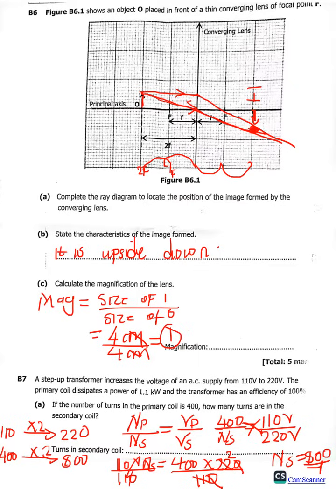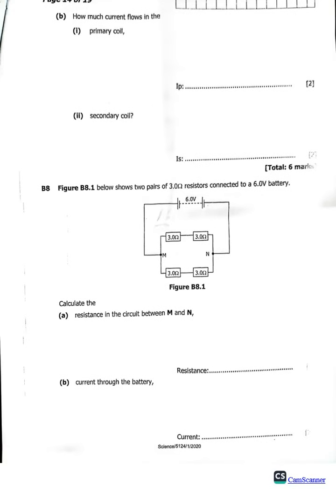Now we can move on to part B: how much current flows in the primary coil. We have been given the power in the primary coil, so power is equal to voltage times current. We can just substitute directly. The power given is 1.1 kilowatts.